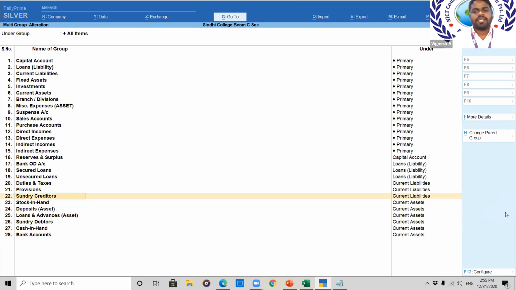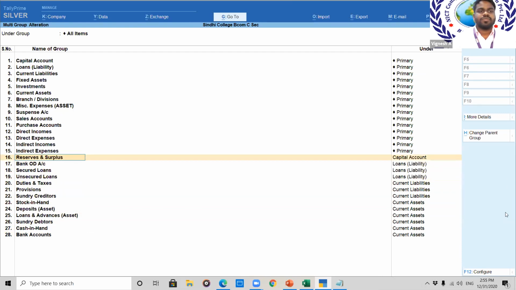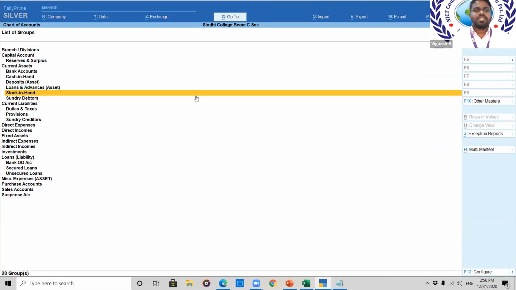Likewise, we have current liabilities, loans, and capital account as the other primary groups which have subgroups, and the structure of that is your chart of accounts, which is listed in this list of groups over here. Getting this, students? Yes, sir.